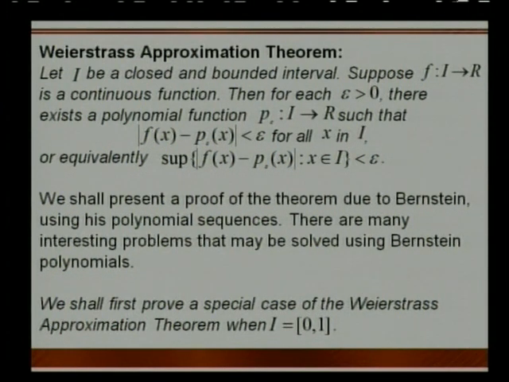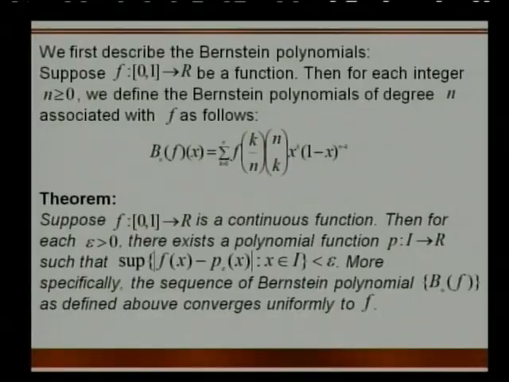So if you have a notion of distance on any set, not necessarily a subset of R or R^n, for example in the family of all continuous functions, you can always have a distance. So in a metric space, what is the state of this particular theorem? I'll try to comment on that later, towards the end. We first describe the Bernstein polynomial.